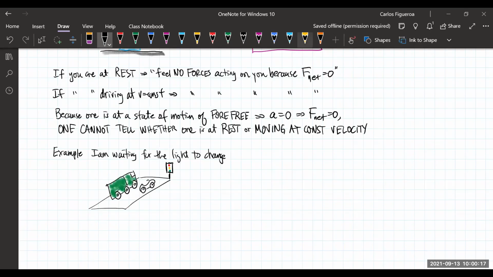And so what happens is that we're both on this incline. And suddenly, as I was sitting there in my car, I felt the car moving.